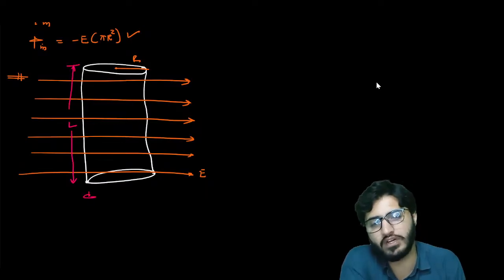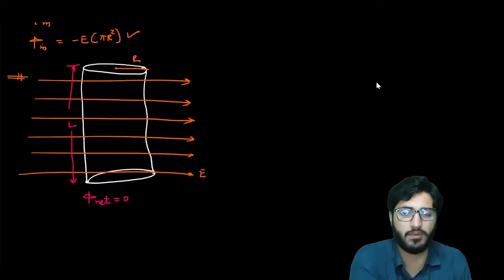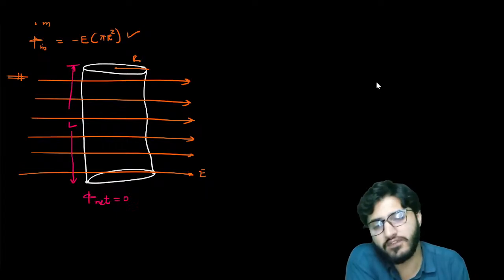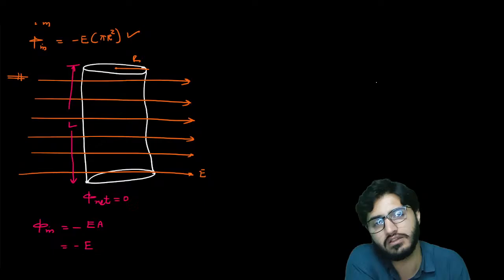One thing that we know is that the net flux phi is 0. The number of lines coming in equals the number of lines going out. Now, if we need to calculate phi in, we know it would always be negative. I can write negative EA. What is the area?